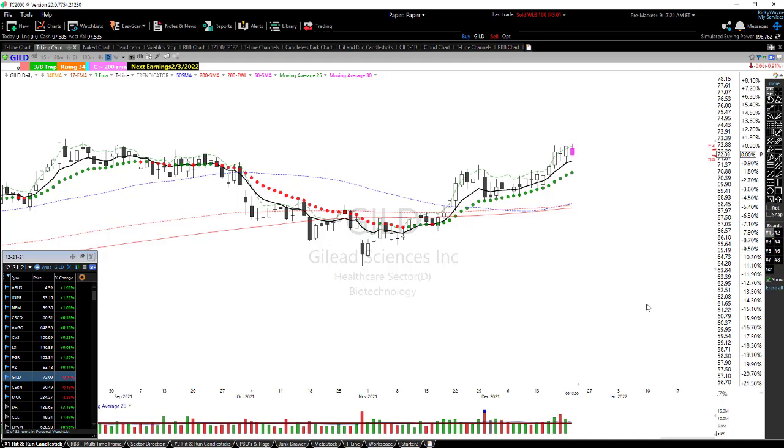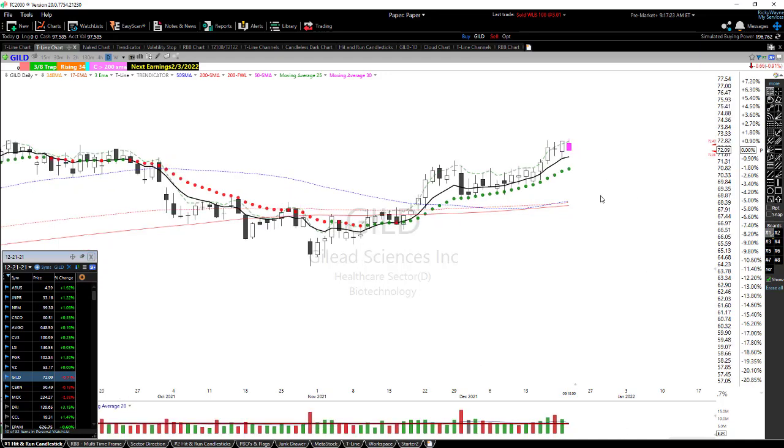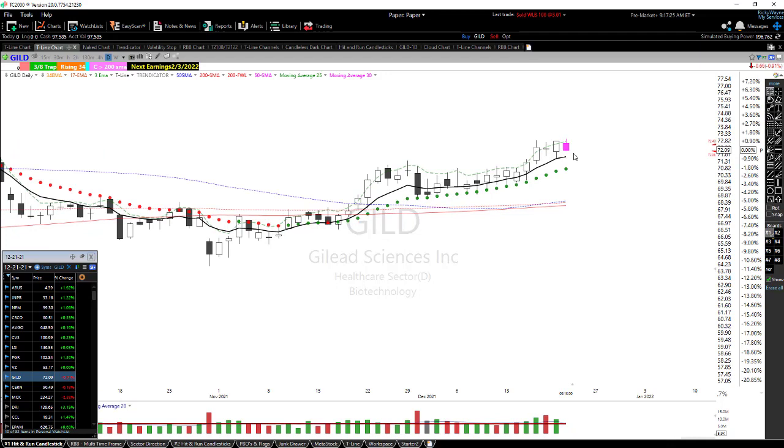Your pocket meaning your area that you buy, whether it's a 3/8 trap or not. Maybe it's a breakout. I don't know. But wherever your buy pocket is, just don't feel like you have to run out and rush and get it.